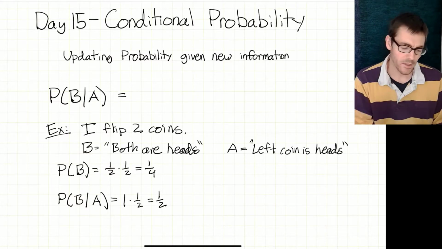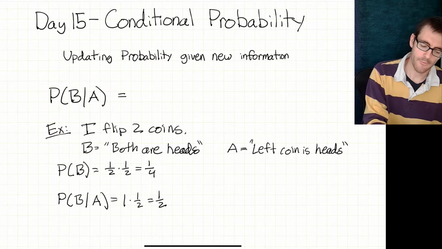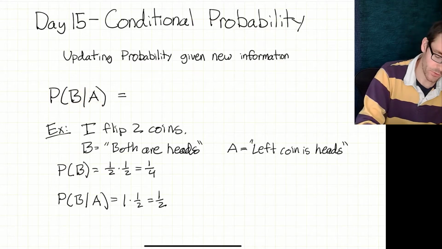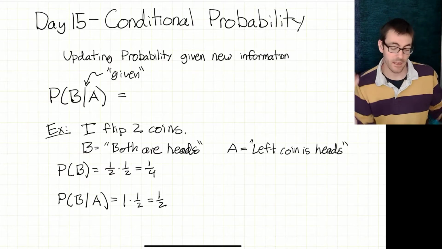All right, so notationally, we're going to use this format, which says that the probability of the event B given A is whatever it is. This vertical line, we can just read as given. This is where we're saying that this is a conditional probability.